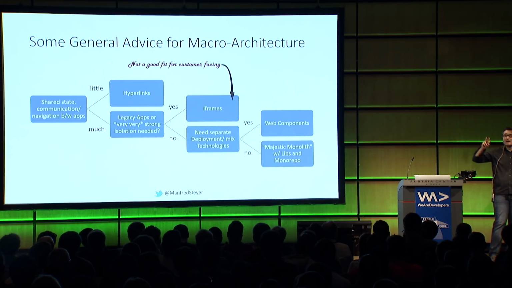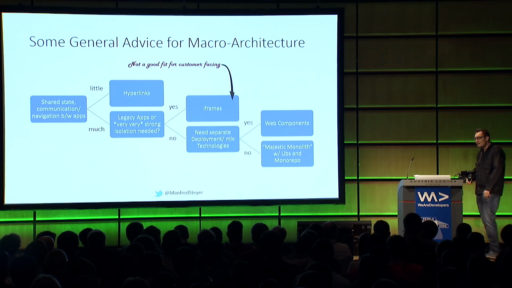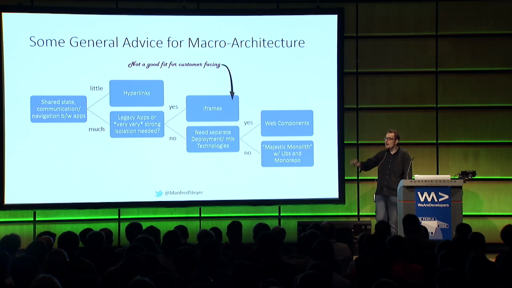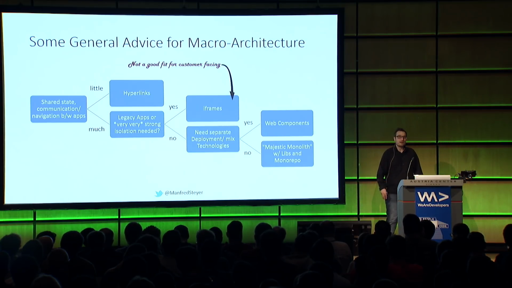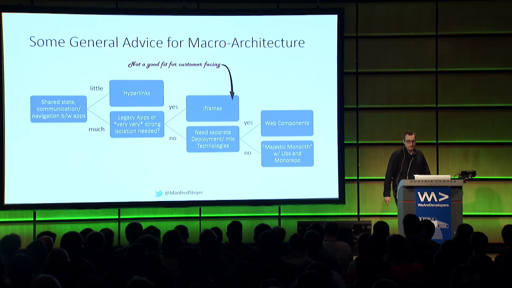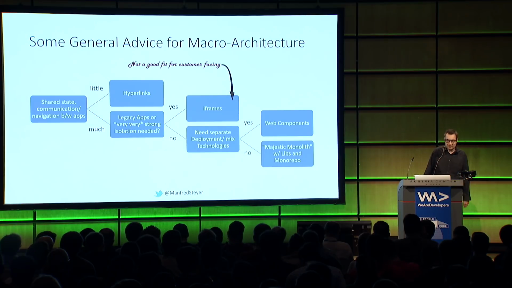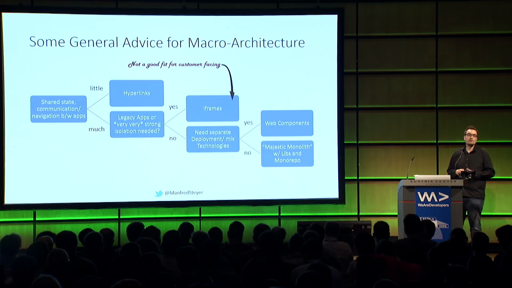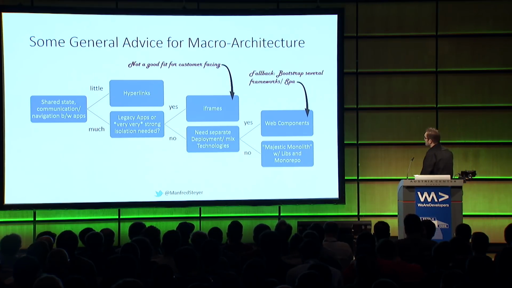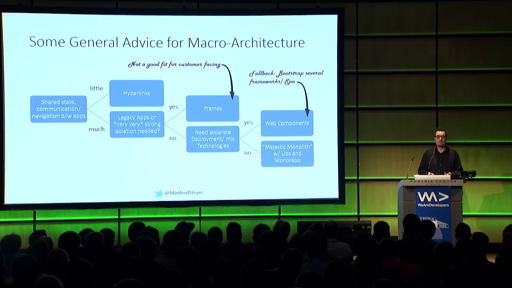Use a so-called majestic monolith, a big application that is maintained in a very nice way, where you are thinking about your architecture so that you can guarantee that not everything is accessing everything else. And when you say, yes, I want to mix and match technologies and I also need a separate deployment, then go with web components. And as mentioned before, you can also bootstrap several frameworks as an intermediate solution.